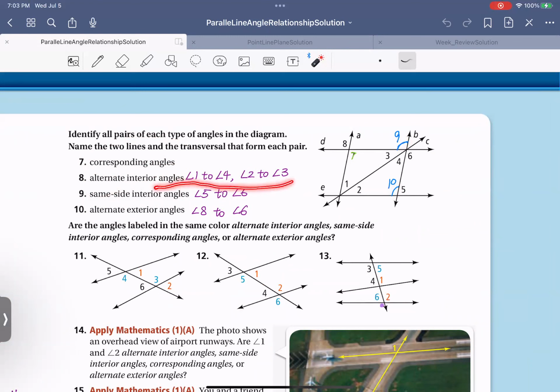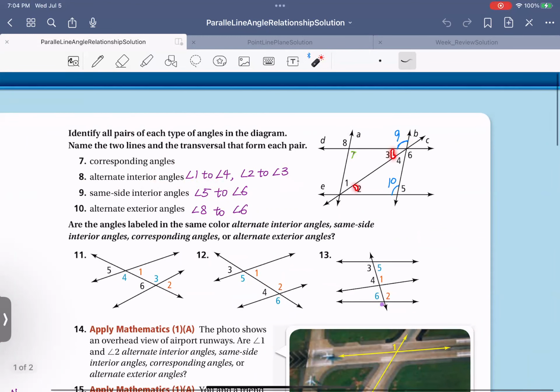Here, if you have an angle in this position and that position, it is alternate and it is interior, because look at these two lines. These two angles are inside these two lines, so it's called interior, but they are not on the same side.